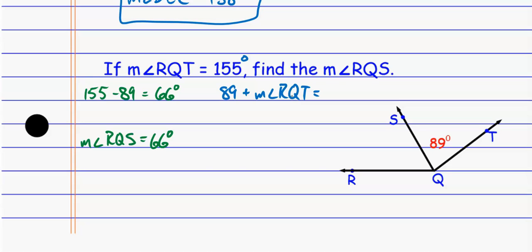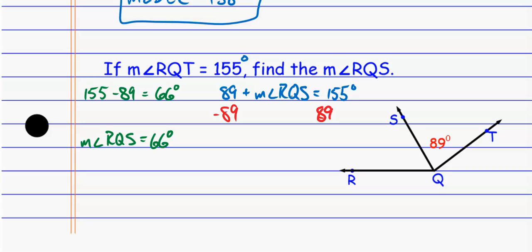Sorry, this one was RQS, and it equals the measure of RQT, which is the 155. I could do it this way and then do some subtraction. I could subtract that 89 degrees. Notice I end up with the same thing.